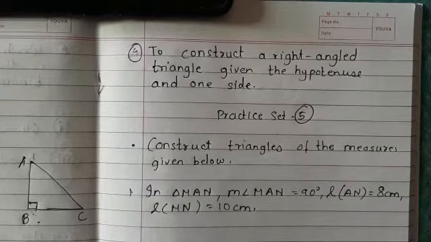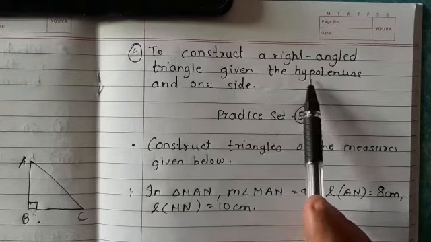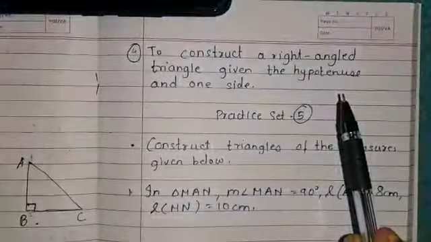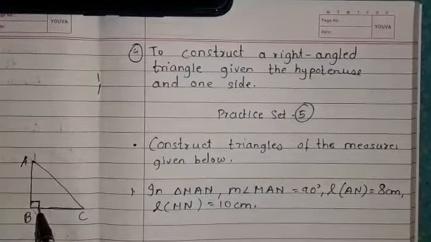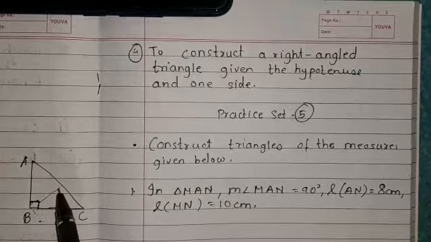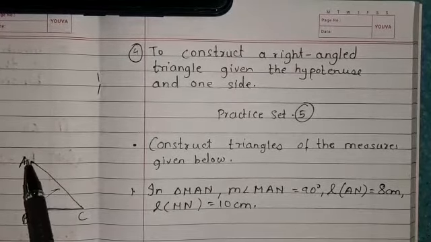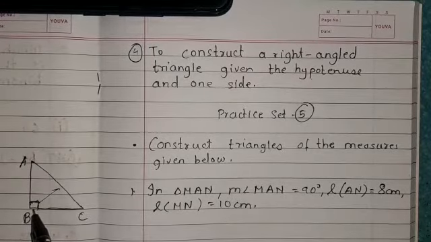Now next, what are they going to give us? They are going to give us the length of hypotenuse and one side. Now, what is hypotenuse? Hypotenuse is the longest side. See here, this is a right angle. This side is opposite to the right angle, that is, side AC is the side opposite to the right angle.